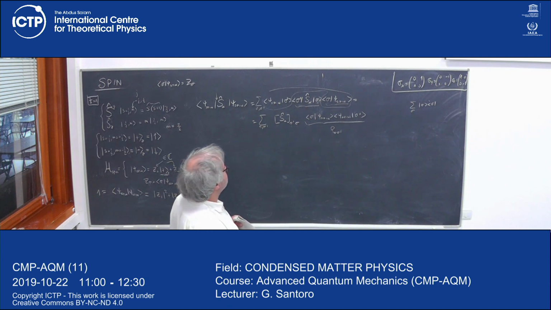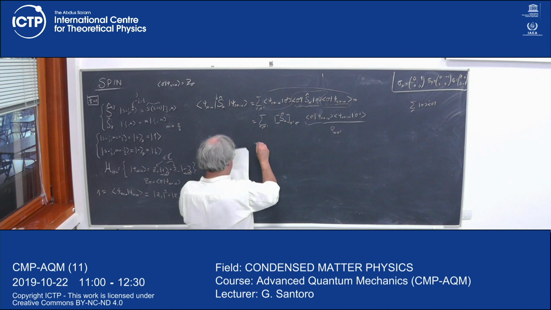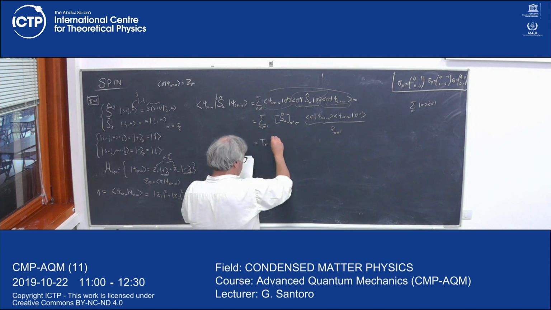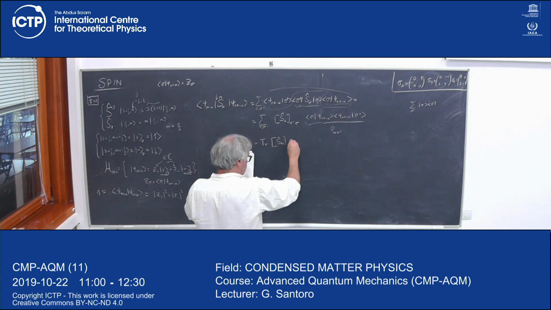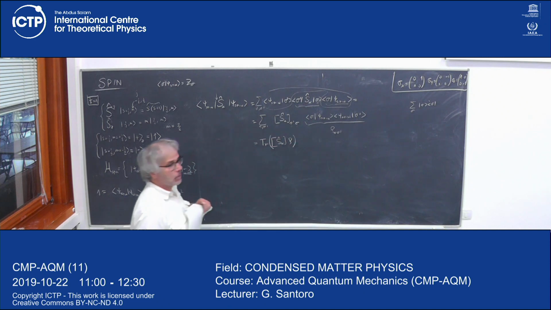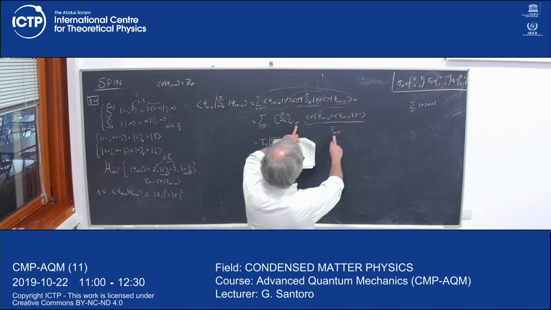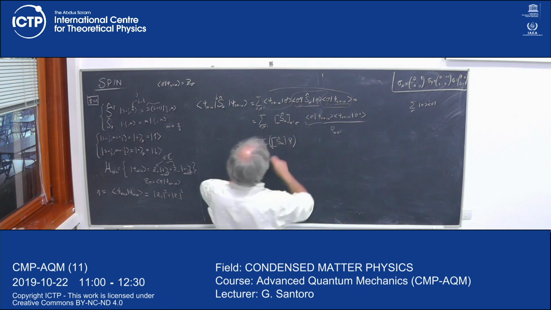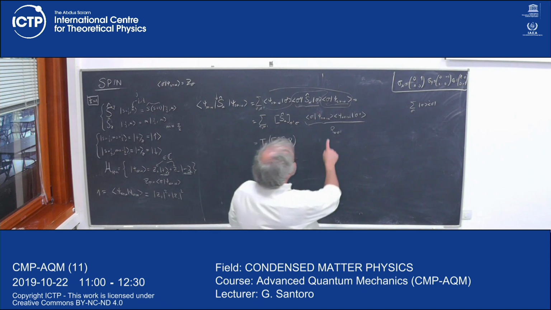If I do that, the object that you have here is simply the trace of the matrix for S alpha times the rho matrix. It's a trace. You see, I multiplied this times that, and this times that, sum. Now, what is this?